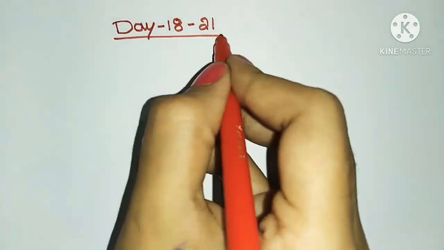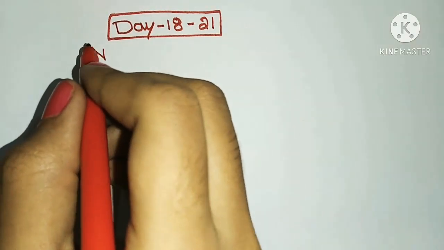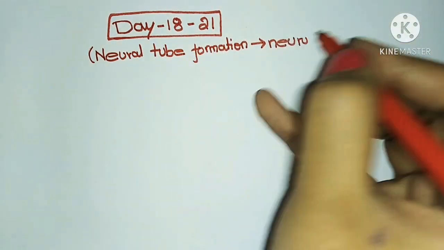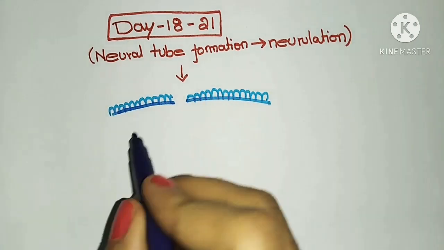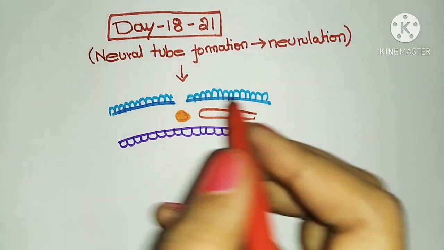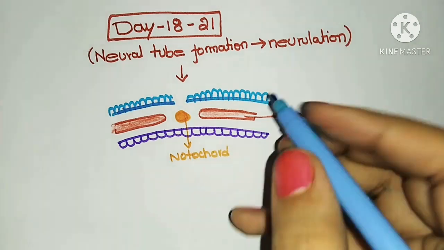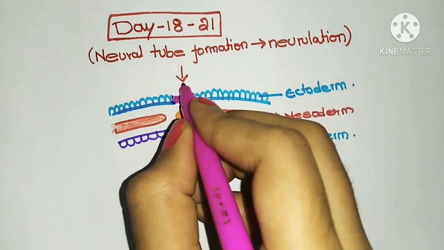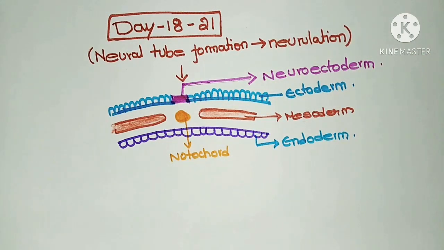Now, from day 18 to day 21, the formation of the neural tube will occur. That is called the neurulation process. From the 16th to 19th day, the neuroectoderm is formed on the dorsal aspect of the embryonic disc in the midline.